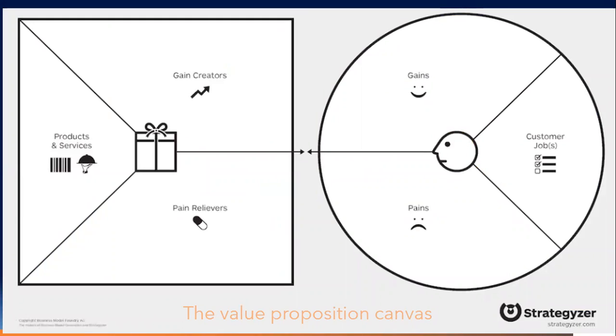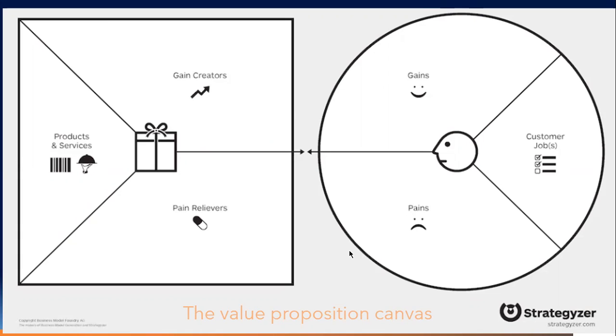This is shown in greater detail here. The why of the customer has three parts: customer jobs, then the pains he is facing in getting these jobs done, and the gains he's expecting if these pains are overcome.